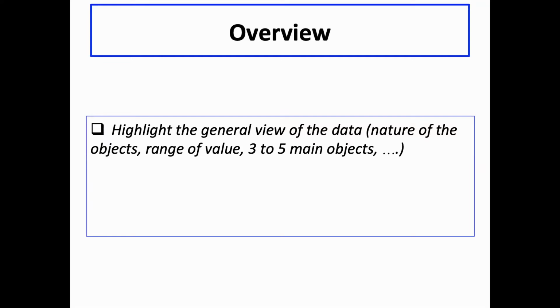So the overview means highlight the general view of the data, the nature of the object you have inside. If it's about protein domain, it means you should cite all of the nature of the protein domain you have, the range of value, how many you have.